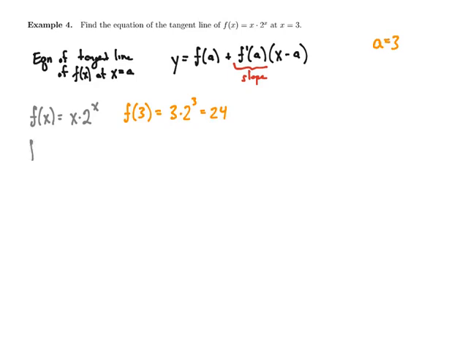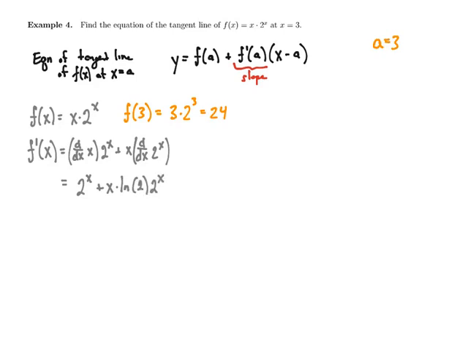To find the derivative, I'm going to use the product rule. So that's going to be the derivative of the first times the second plus the first times the derivative of the second, which is going to be a 1 times 2 to the x plus x times natural log of 2 times 2 to the x.